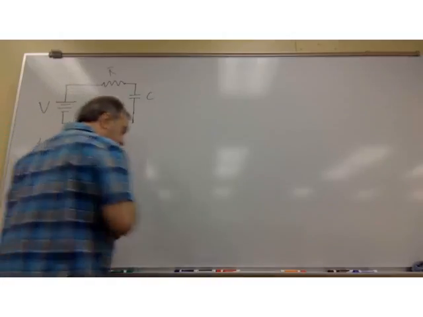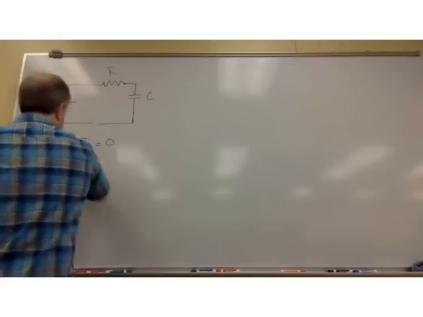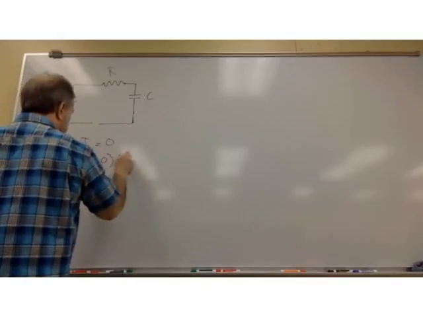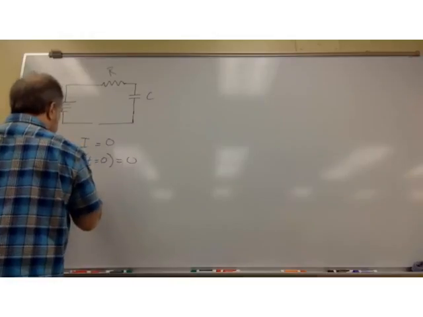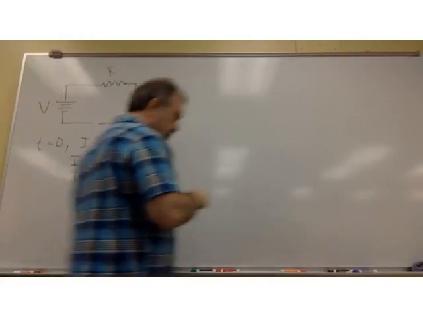I can say that mathematically, by the way, by writing the current at t equals 0 is equal to 0, or I can even say the initial current is 0.